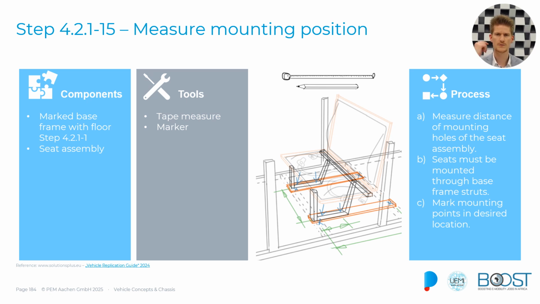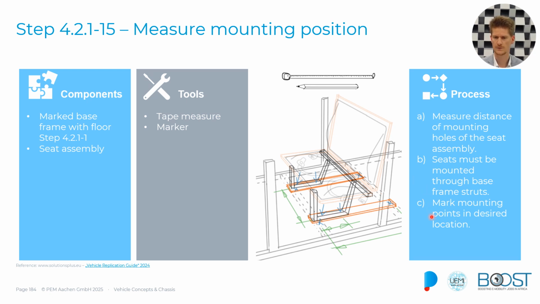Well, the support frame is not mounted at the moment to the base frame, so this is something we still have to do. So please mark or take out the marks on the base frame where the struts are running through, and then you take the whole seat assembly and place it accordingly where you want to have it.